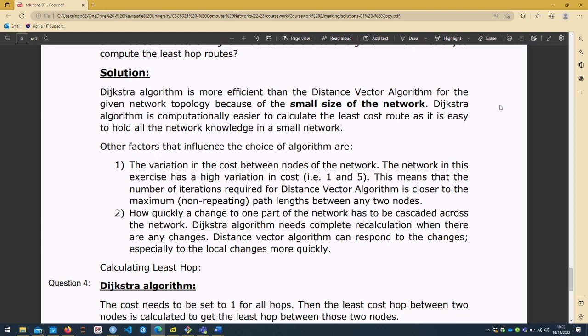It's a small network, so knowing the state of a small network is fairly low cost and easier to do. So that's the reason.